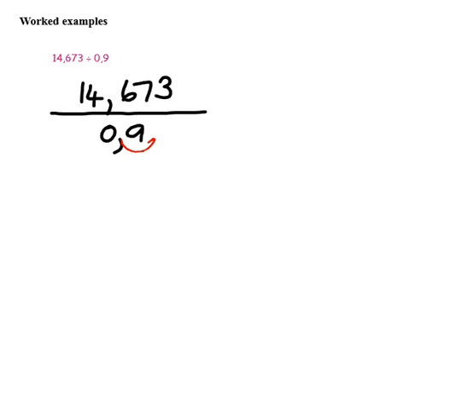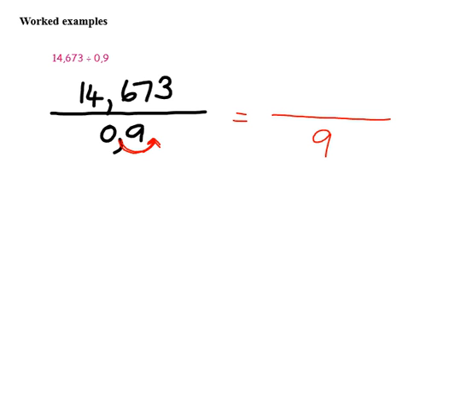Okay, so we are going to have 14,673 divided by 0,9. I want to move the comma, how many places? One place, okay? The divisor will tell you how many places. So you just make that a whole number. So my whole aim is to get 9.